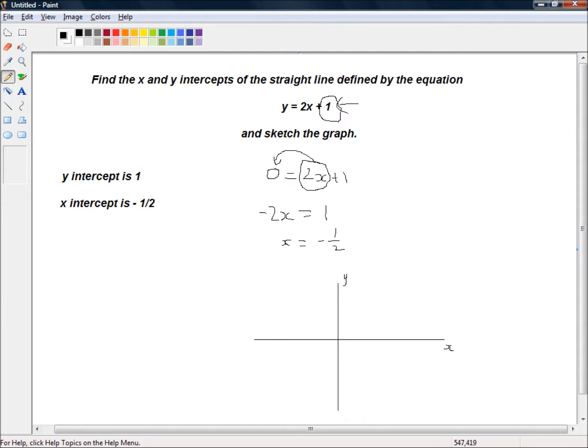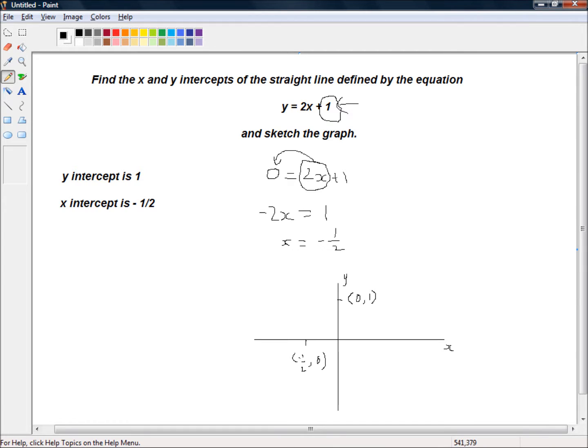So I'm going to mark this point here as x is 0, y is 1. So that's 0, 1. And we know that the x-intercept is negative 1/2. So if it's negative, it's to the left of the y-axis. And I'm going to label this point negative 1/2, 0.